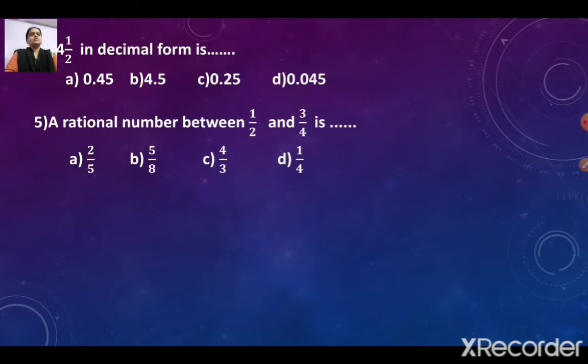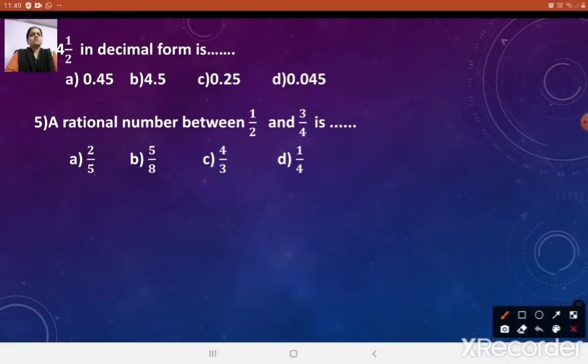So 1 by 2 is very simple. Can you tell me the decimal form of 1 by 2? It is nothing but 0.5, half. Then what about 3 by 4? 4 zeros are 0, then 30, 4 sevens are 28, remainder 2. So 4 5s are 20.